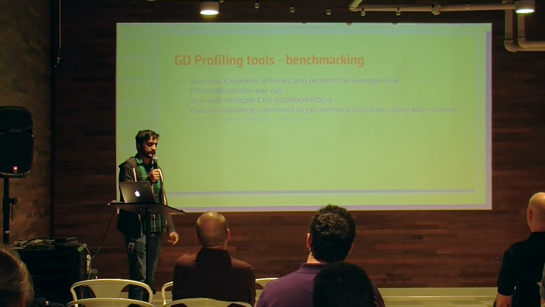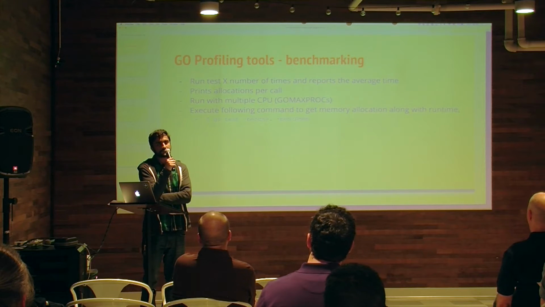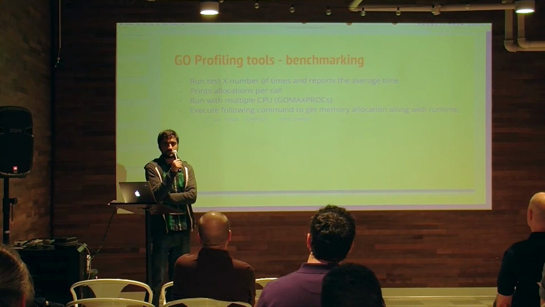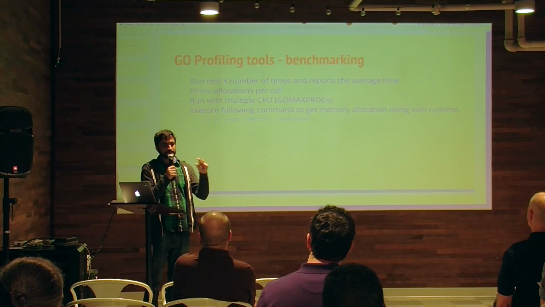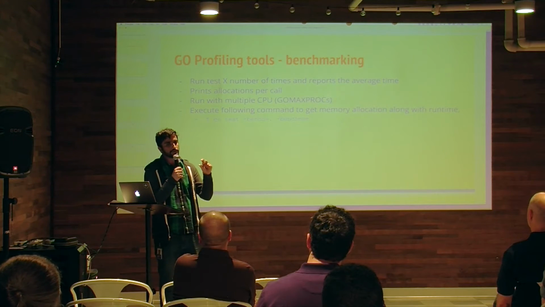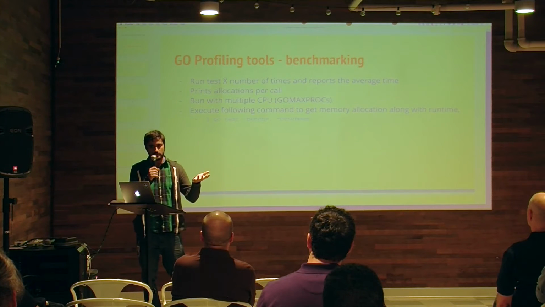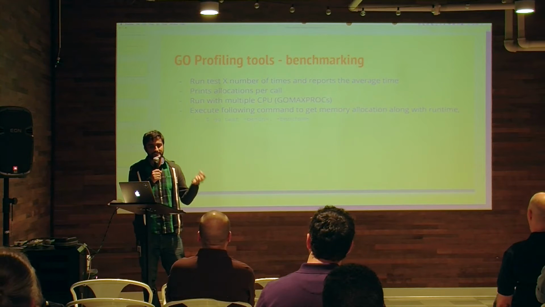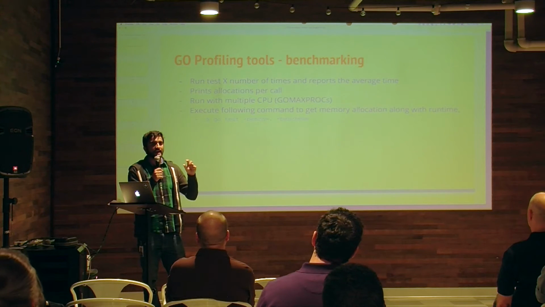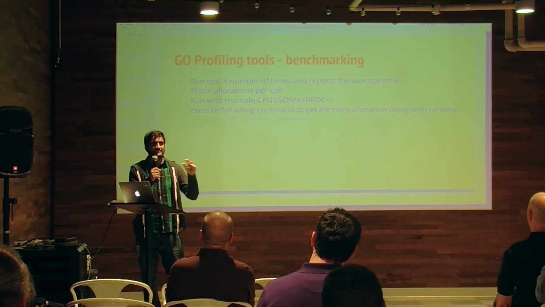When writing unit tests, another less known feature of Go is benchmarking. The same test that you've written, you could append with the benchmark keyword, and then you can see how much time that specific function you are testing is taking.